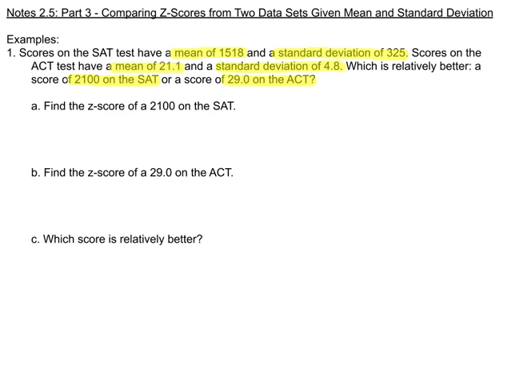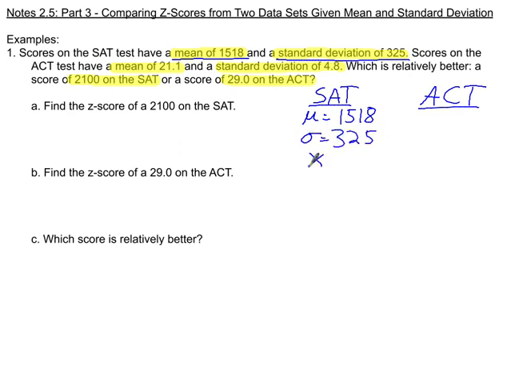The easiest way to get started on the problem from here is to create a table with our data values, or the values that they give us in the problem. So we have the SAT and we have the ACT. So looking back at the SAT data, we have a mean of 1518. Our standard deviation is 325.